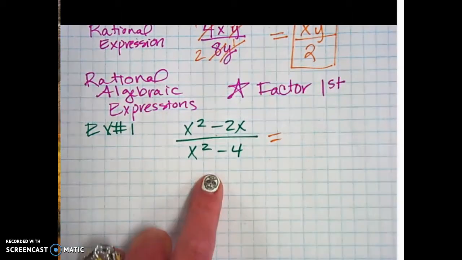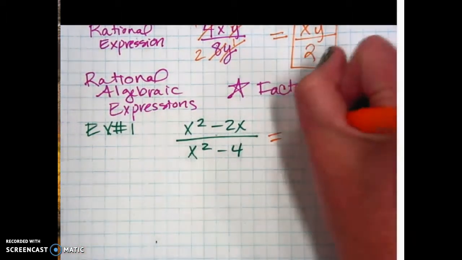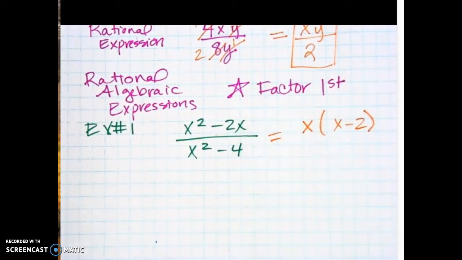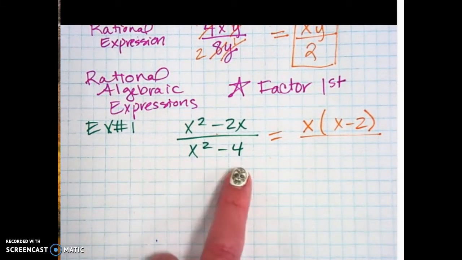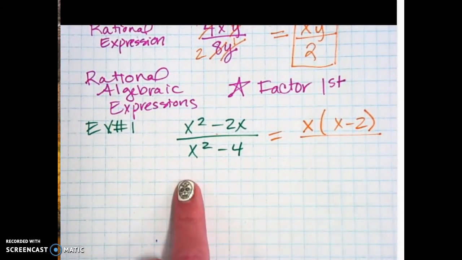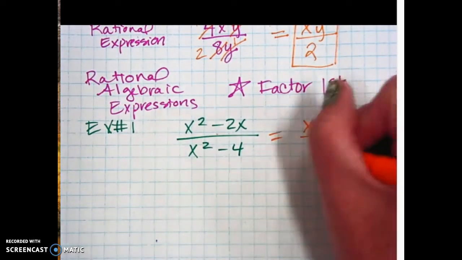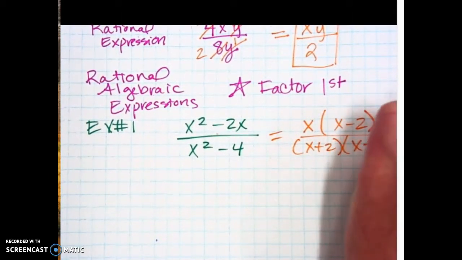So the numerator has a GCF, right? Because both those terms have an x in them, factor out an x. That's going to leave you with x minus 2. Okay. And then the denominator doesn't have a GCF, but this is a special pattern, right? What does that factor to? x plus 2 and x minus 2.